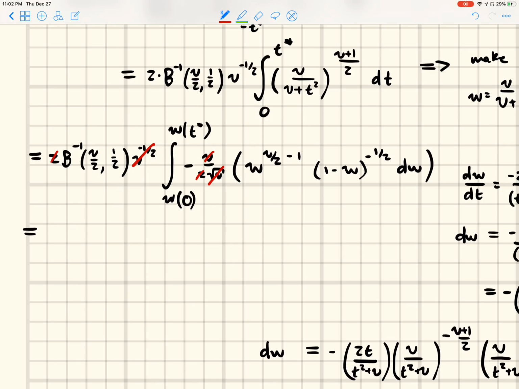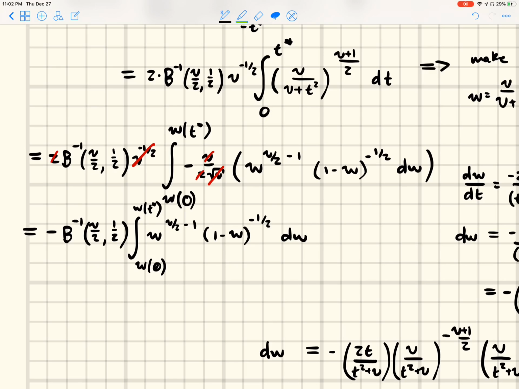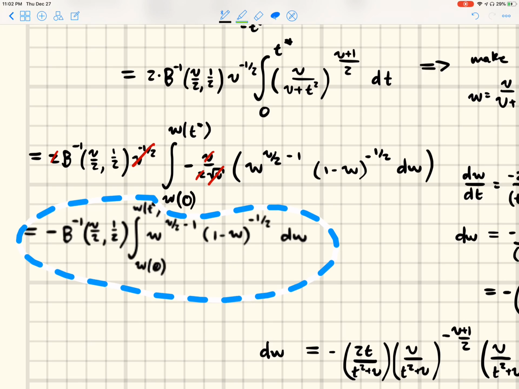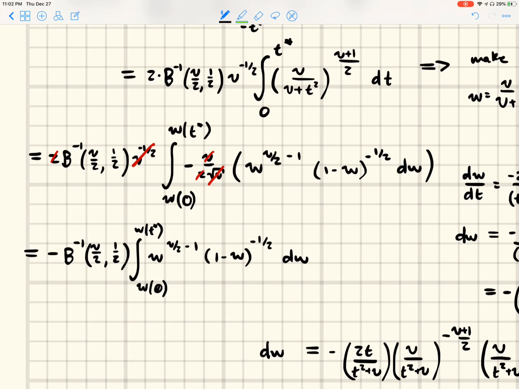We notice the 2 is going to cancel, and we're going to be left with negative beta, inverse beta of these two terms, w of 0, w of the t star, of w to the v over 2 minus 1, minus w, this dw. And this is a nice result, which I'll follow up on.